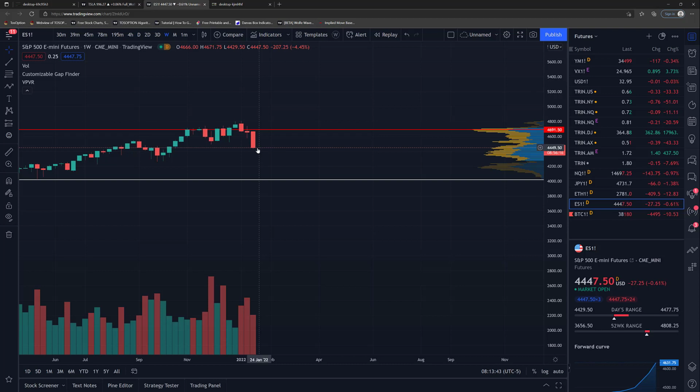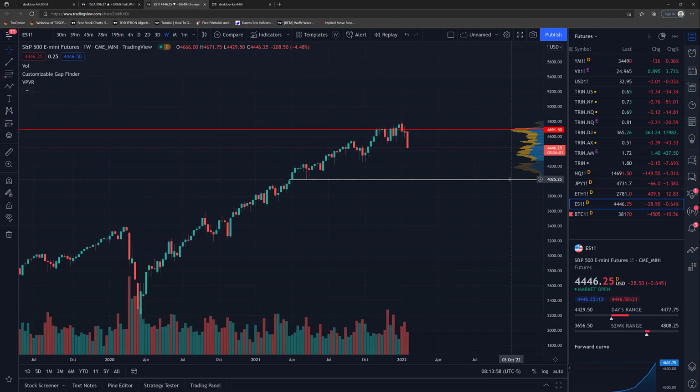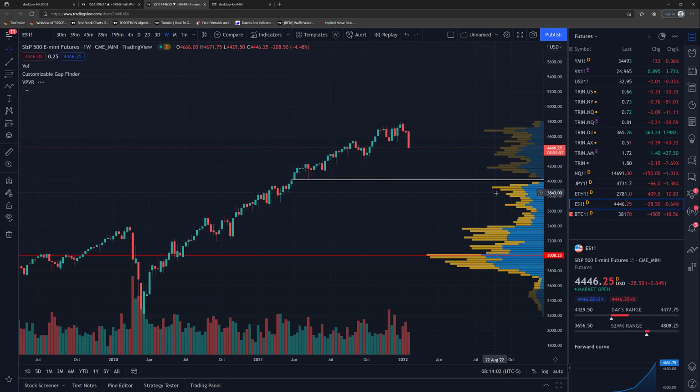We could get a doji like this, but it looks like this node here got taken out, and the next node is around here at 4,300. And then the gap of 4,000 right here.